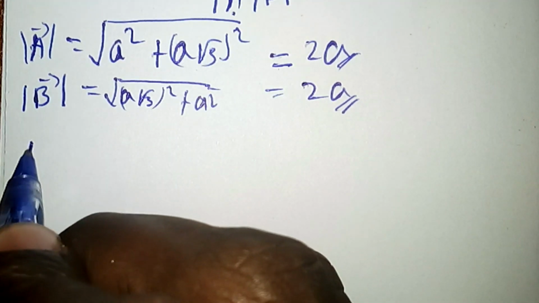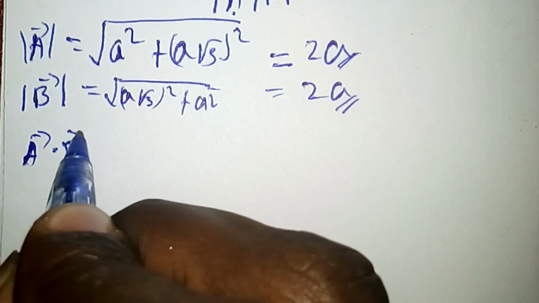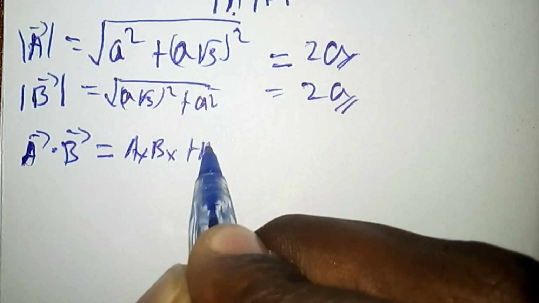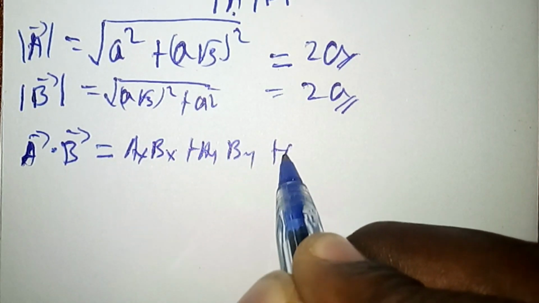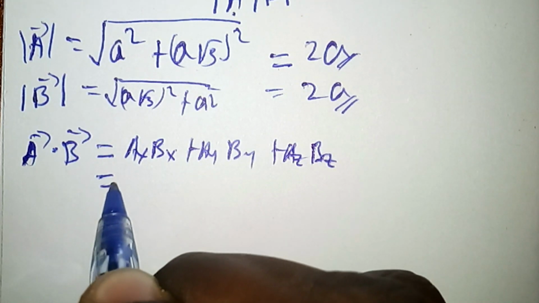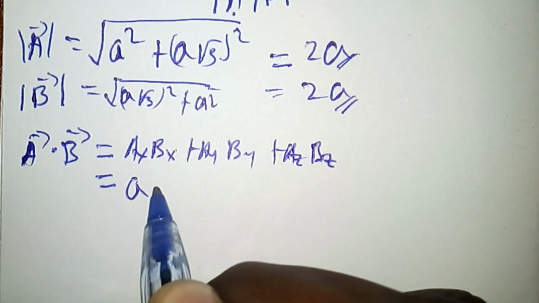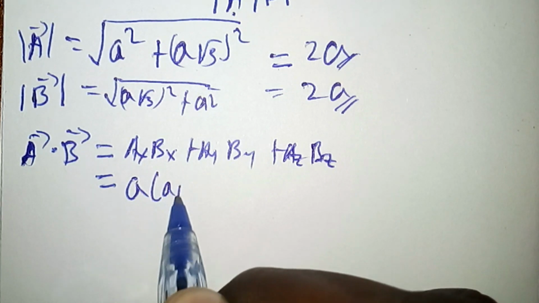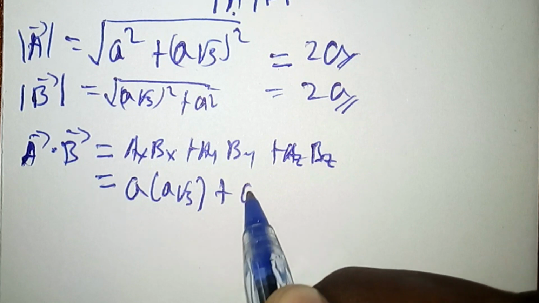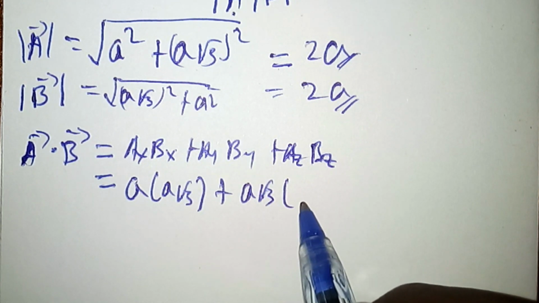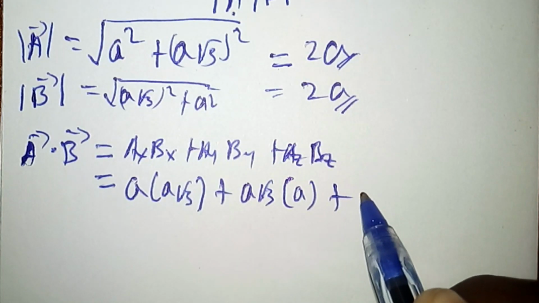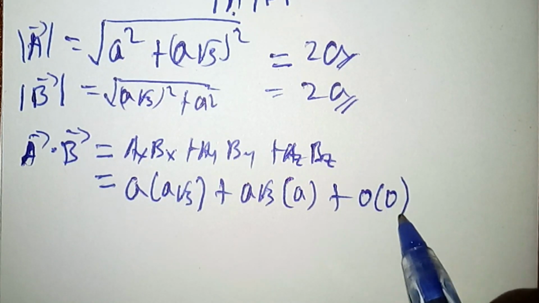So the scalar product of the vectors, a dot b, is equal to ax bx plus ay by plus az bz, which is equal to ax is a and bx is a times radical 3, plus ay is a radical 3 times by is a, plus az is 0 and bz is also 0.